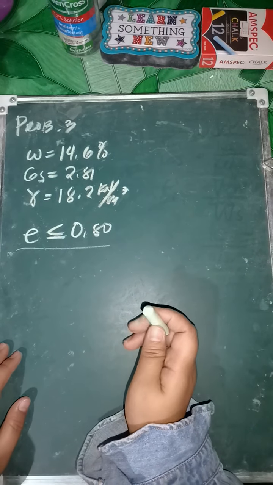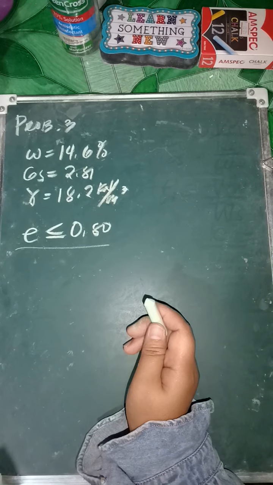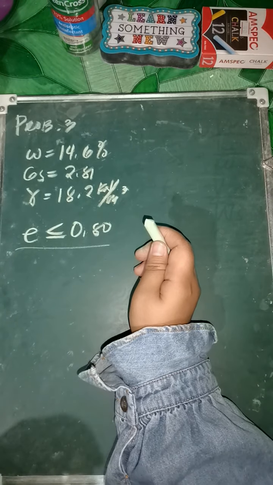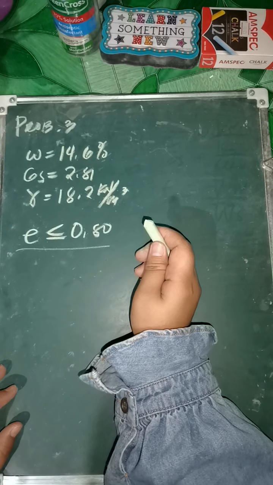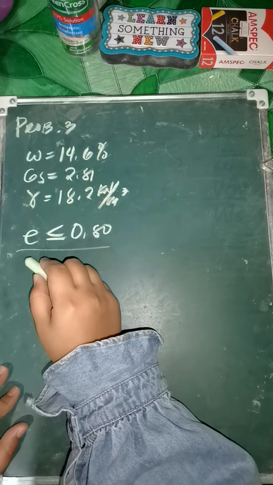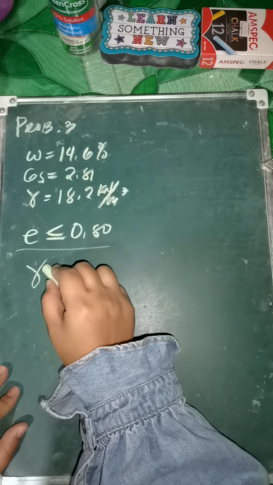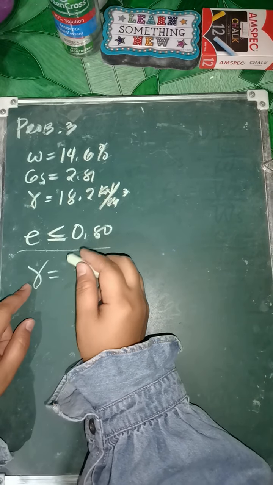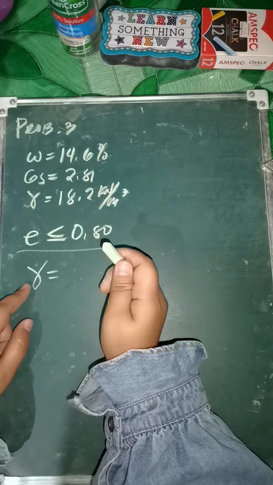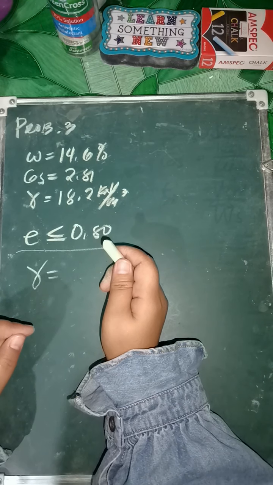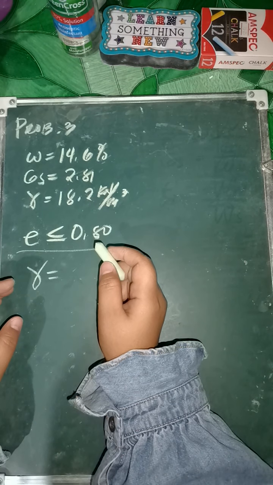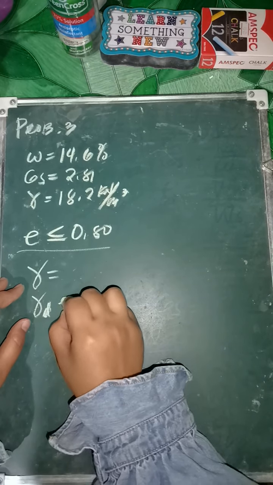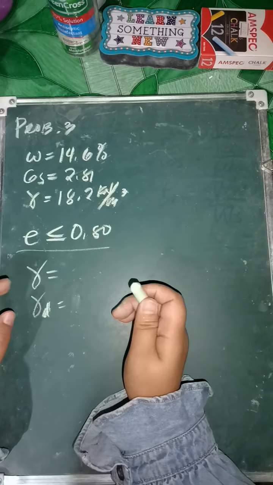So let's try to think of the equations that we can relate to our given. So we have different equations, such as the unit weight of the soil, in which we have these values, specific gravity and the moisture content. We will also relate this one to the unit weight dry.